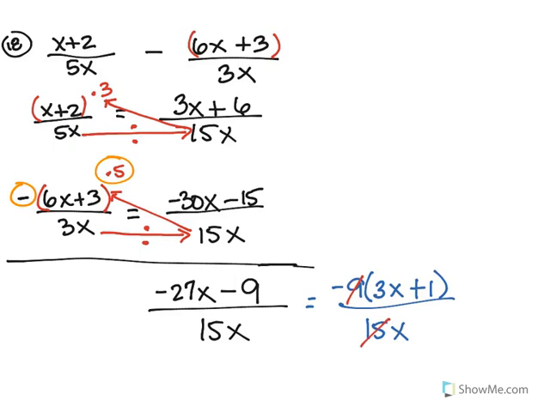Negative 9 over 15 can reduce. They reduce by 3. So that would make the top negative 3 over 5. Okay, so what we got? Let me rewrite this. We got negative 3 times (3x plus 1) in parentheses over 5x.